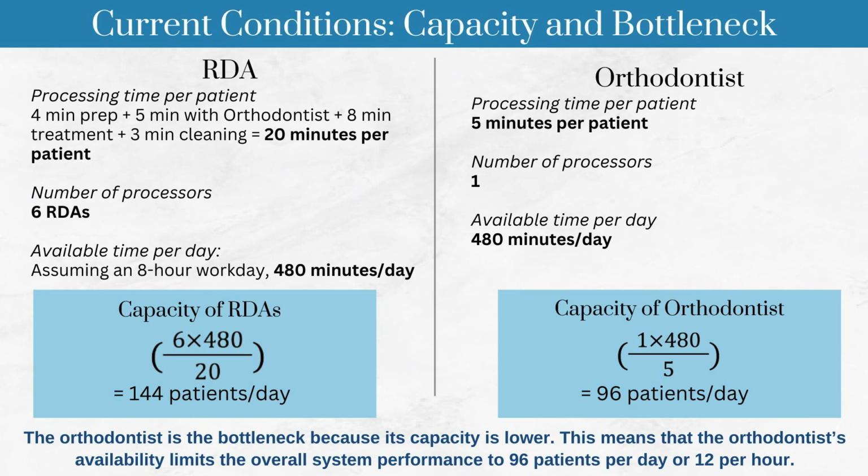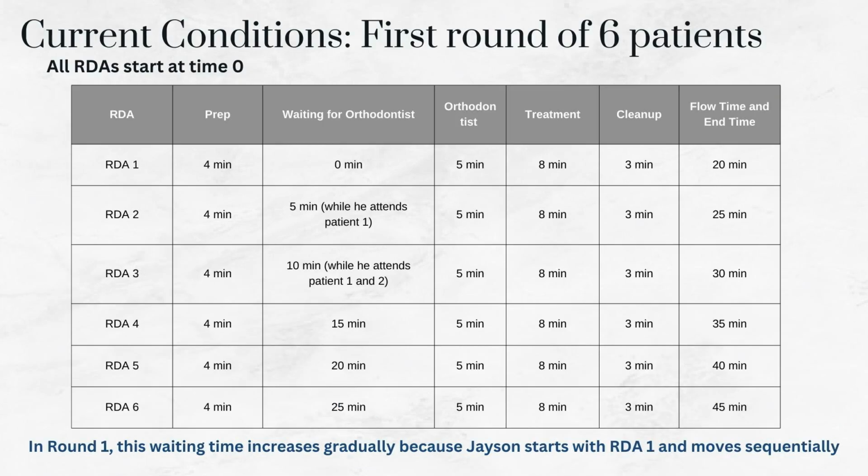And so looking at our current conditions, in the first round, we can see that the wait time for the orthodontist increases gradually as the RDAs go through their patients. And so the flow time and end time increases from 20 minutes to 45 minutes. As we can see, the waiting time increases gradually because Jason starts with RDA 1 and then moves sequentially.